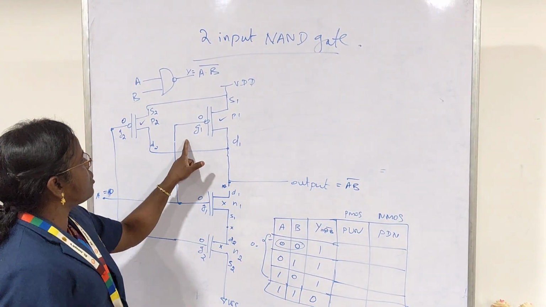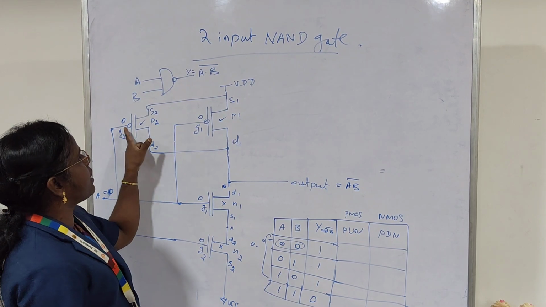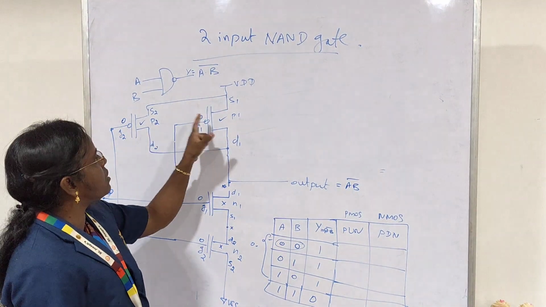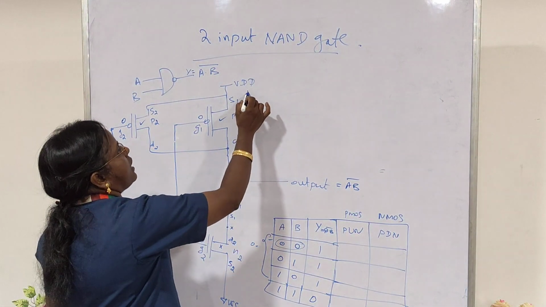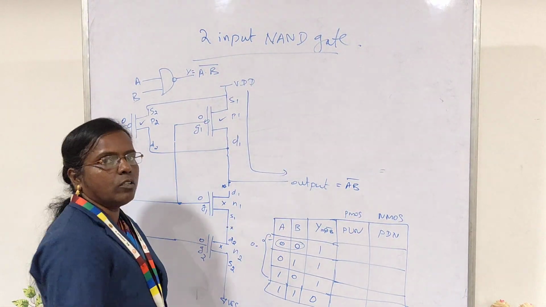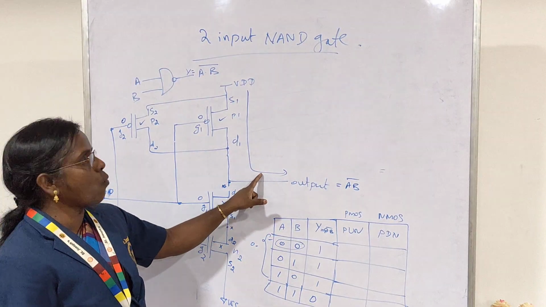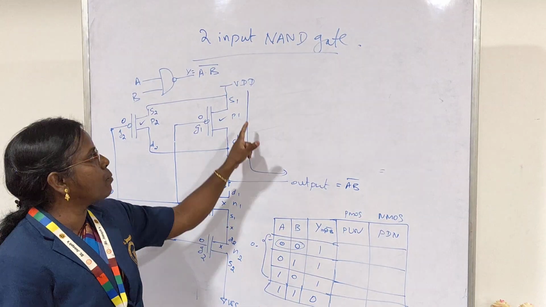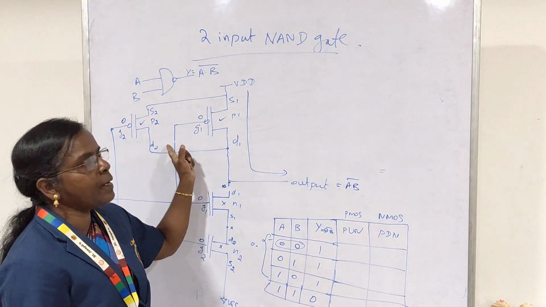But when we consider the pull up network, P2 receives logic 0 as the gate input, P1 receives logic 0 as the gate input. So both transistors will be switched on, which will transfer VDD to the output terminal. For generating the output logic as logic 1, if any one PMOS transistor is switched on, automatically the output will become 1 because they are connected in parallel.